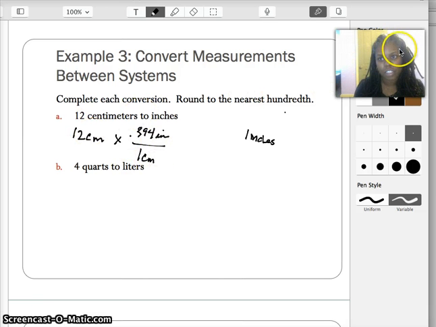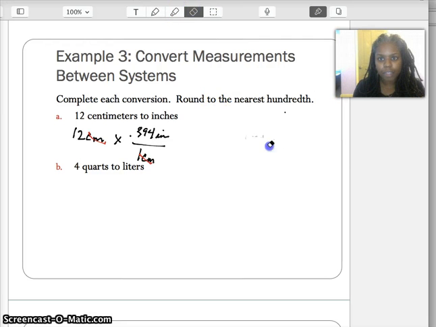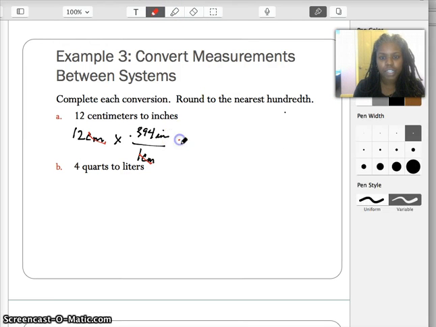These will cancel each other out, so the centimeters go away, and I'm left with a certain amount of inches. I don't know why I have 1 there. Let me erase that because that looks crazy. My answer needs to be in inches, and that's what I'm going to get.